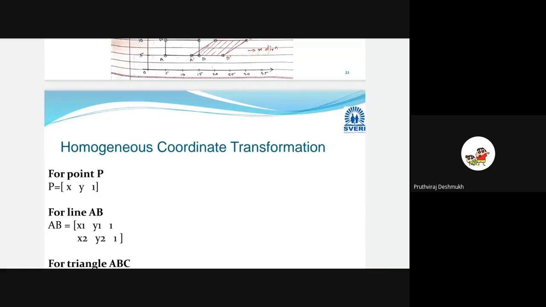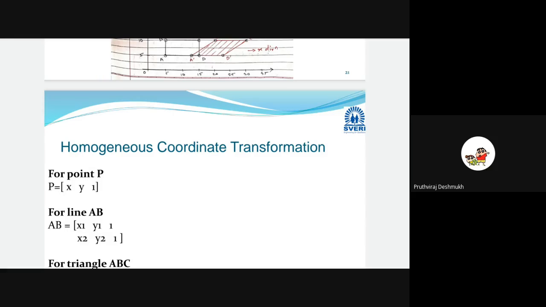In the next problem we will see the homogeneous calculation. In such cases it is required to represent transformation as matrix multiplication. Here the multiplication can be of five to infinite matrices. For that purpose, the homogeneous coordinate transformation is required.